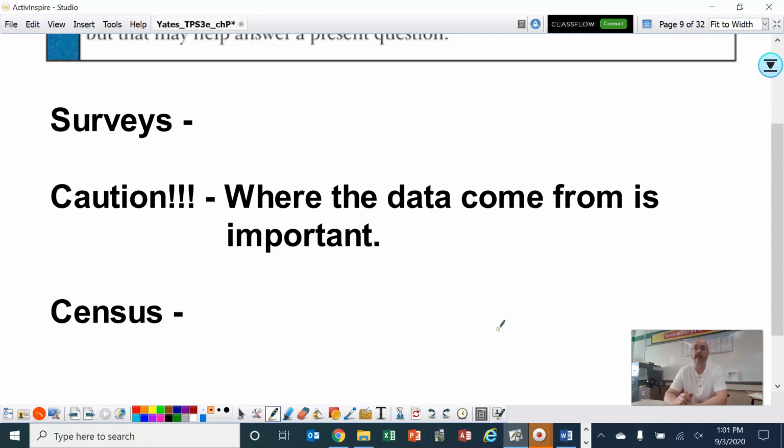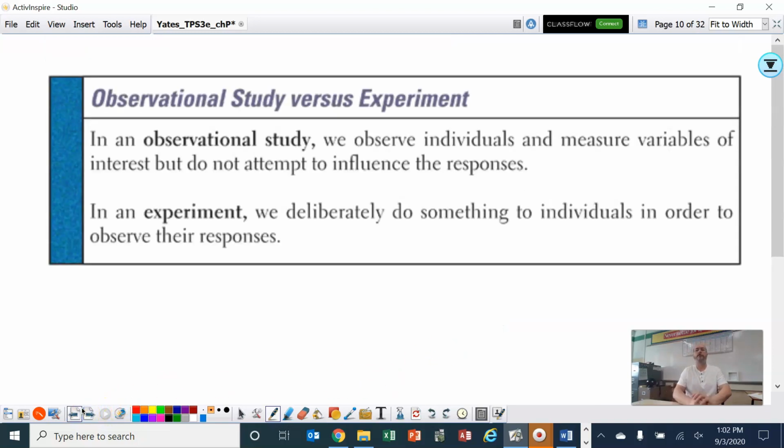A census is encompassing all of the population. A survey is only for part of the population. Caution. Make sure you know where the data come from. That is very important. Okay, I always ask, where did that come from? Who did that study?